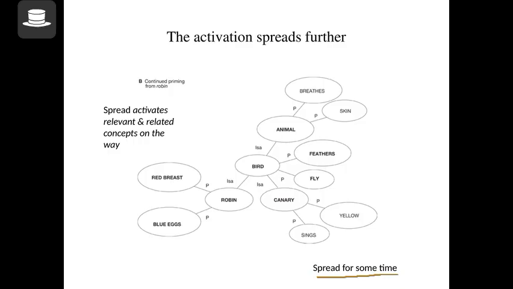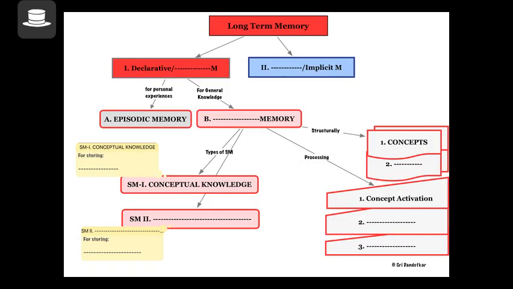In the process of this spread of activation, the relevant, related and closely linked concepts also get activated, but not the ones that are too far. So first one is concept activation, the second is spread of activation. Now we need to know what this third one is.